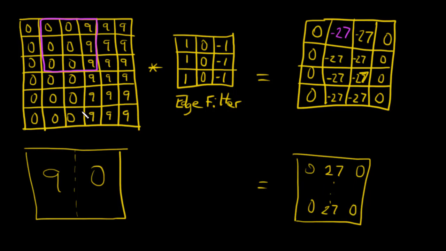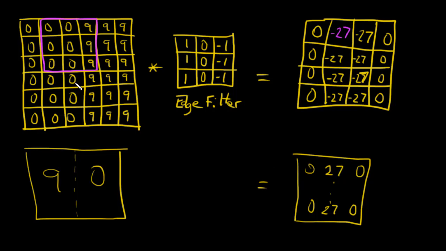Now, as I'm transitioning from black pixels to white pixels, I'm getting negative 27 in the center column. So what that means is when I transition from white to black with my vertical edge filter, I get large positive values wherever that edge is.